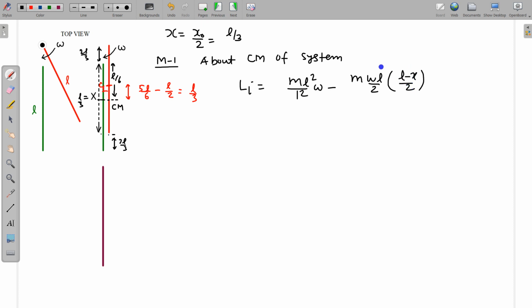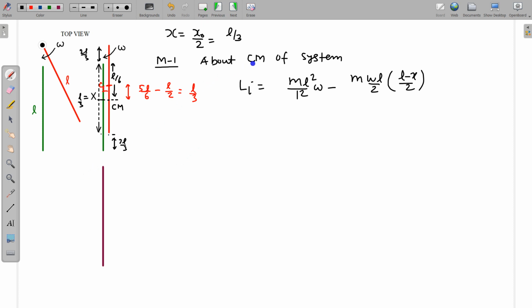This is L initial. What is going to be L final here? For L final, again keep in mind how to write the angular momentum terms. So how to write angular momentum terms here in L final?